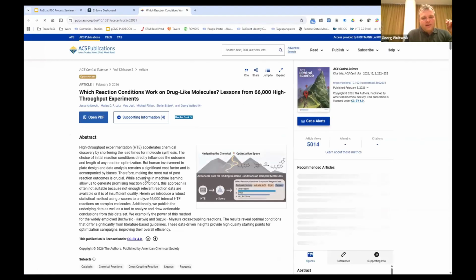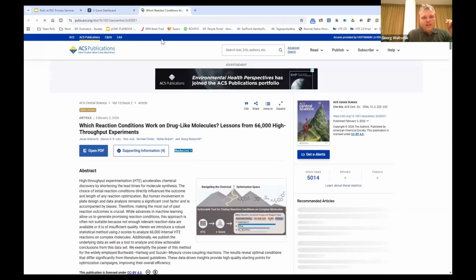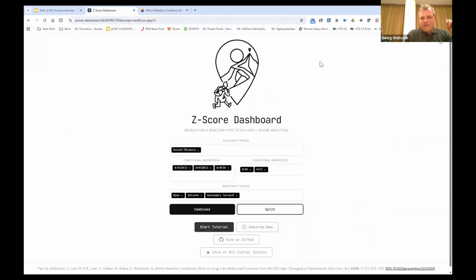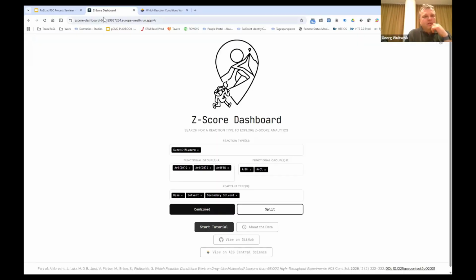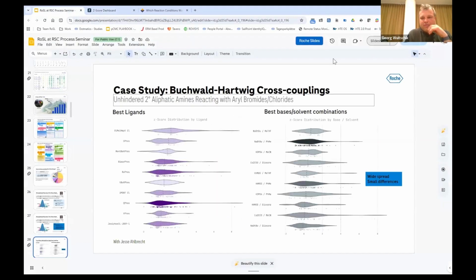And you can here on ACS Central Science read everything about it. You can even up here upload your own data set. So if you want to analyze your own data and produce it in the format that is required for this, you can do it as well. So back to the presentation and finished with the infomercial.